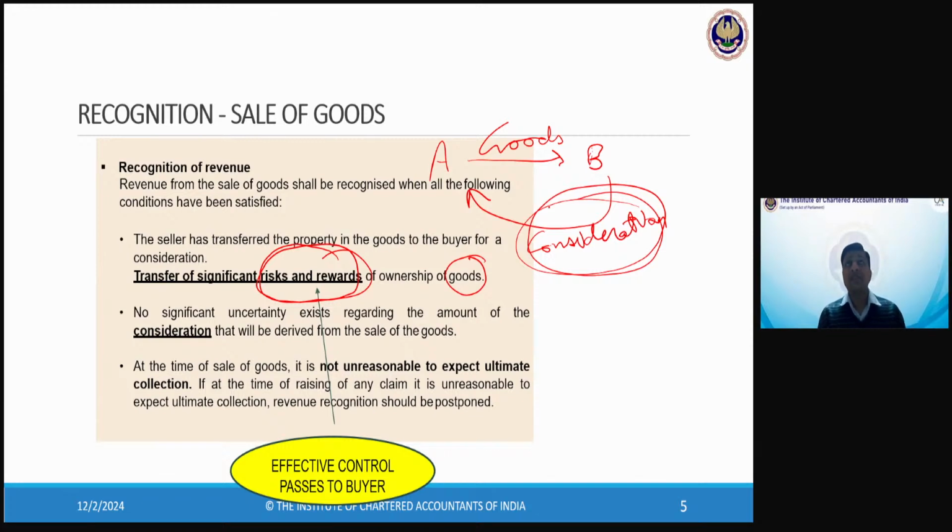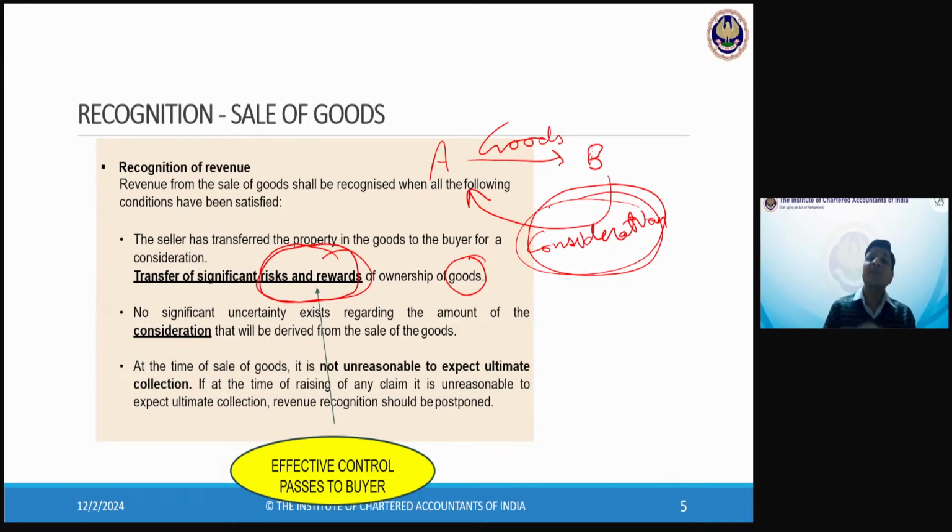Which means the seller should be assured that the money will be received from the buyer. If the seller is not assured about the money to be received, you may have a question, sir, why would the seller make the sale then? Of course, but let's suppose the seller has sold goods worth rupees 100, but around rupees 2 there is a doubt, so what will happen?